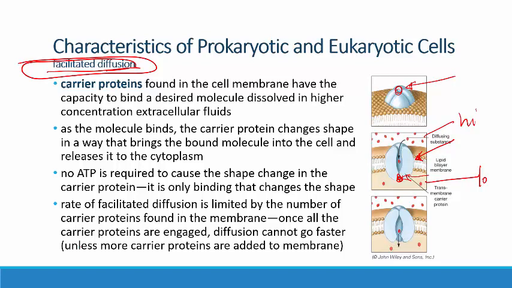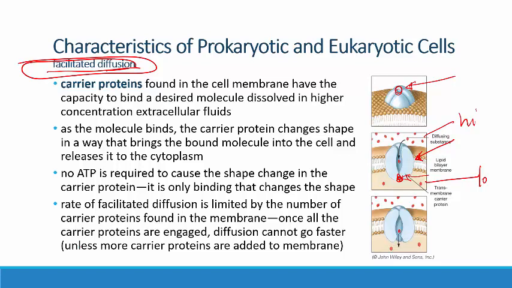Oh yes, because it's facilitated diffusion, it's moving materials from the high concentration side of the membrane to the low concentration side of the membrane. And the speed with which facilitated diffusion can happen is really limited. The amount of material we can move from one side to the other is limited by the number of carrier proteins found in the membrane.